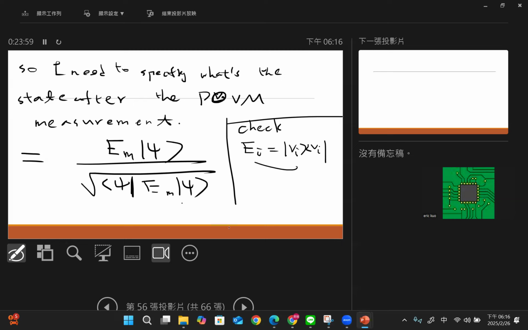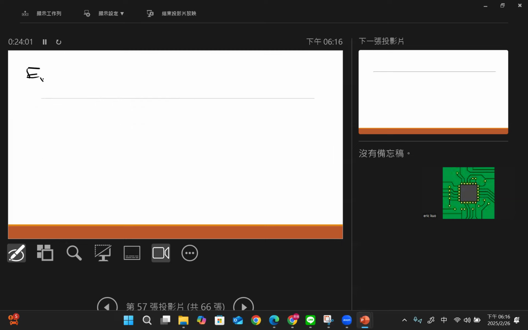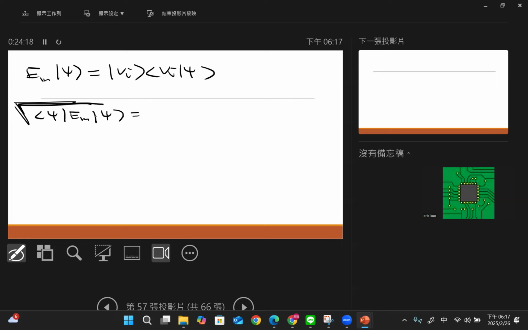Now what's this E_M? It will just be the V_i guy. And the numerator is the square root of E_i, so basically it's just V_i squared and take the square root, which is the same as V_i.